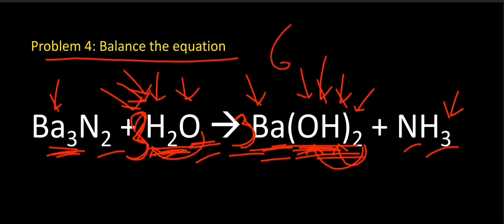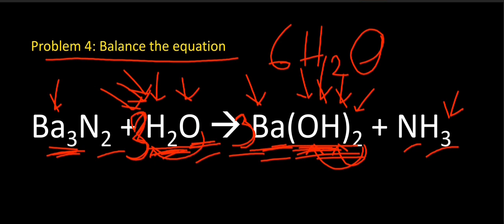That means 6H2O, and then we will have 6 oxygen atoms, and that will be equal to the product side, 3 times 2, 6 oxygen atoms. And again we had 2 hydrogen atoms, and now we'll have 2 times 3, 6 hydrogen atoms. And this is not a matter.